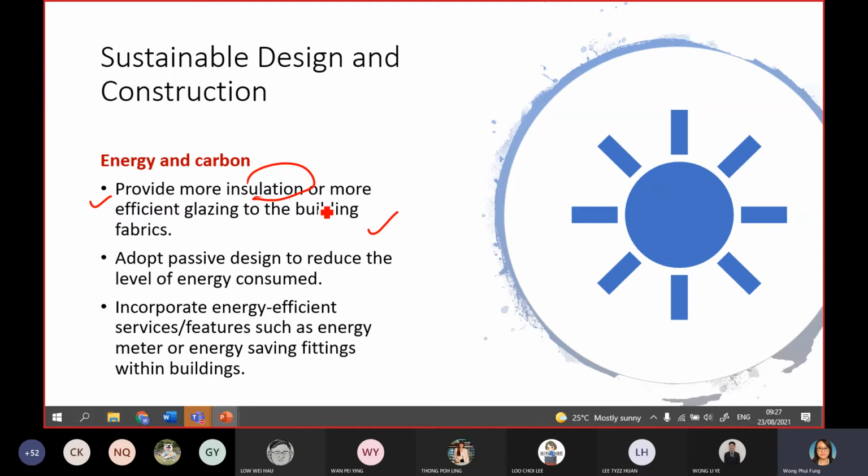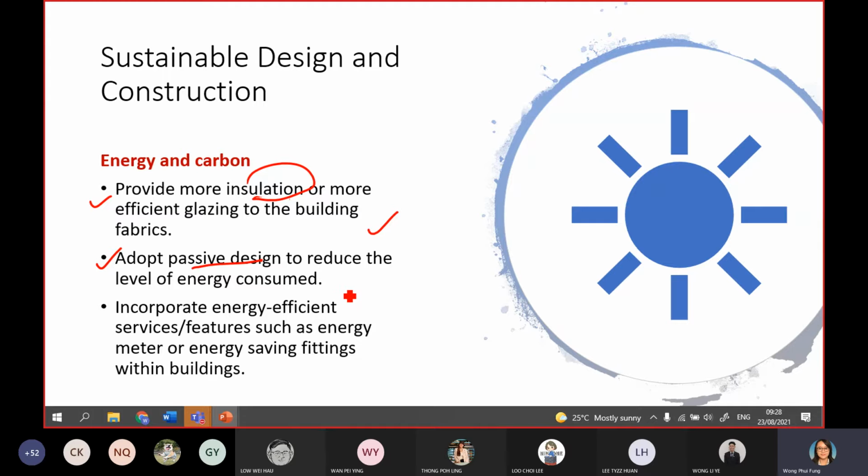During the design stage, the designer, the architect can think about it. The second way is to adopt passive design to reduce the level of energy consumed. Passive design can also be done during the design stage. Passive design means that we can allow more natural sunlight and more ventilation to maintain a very comfortable indoor environment.